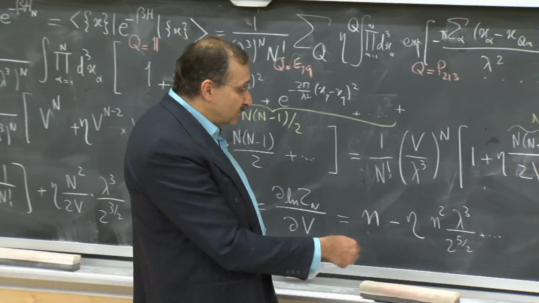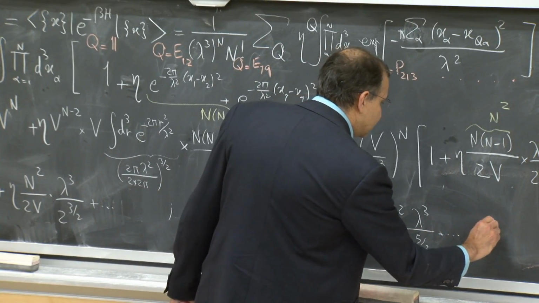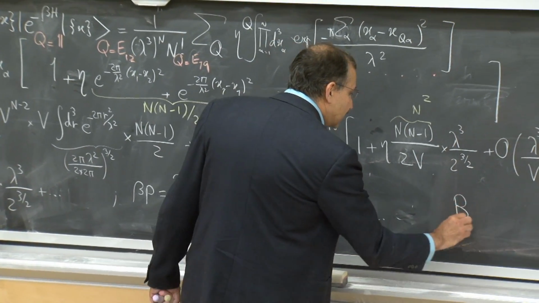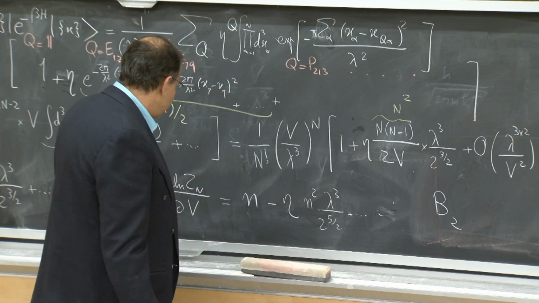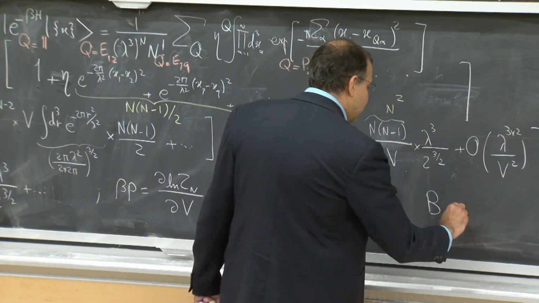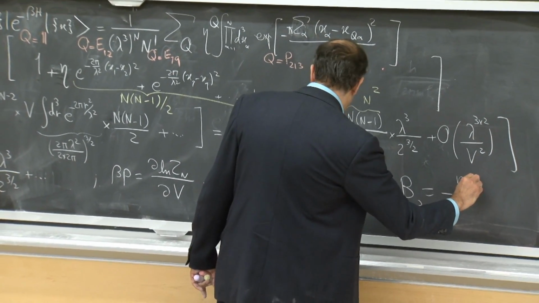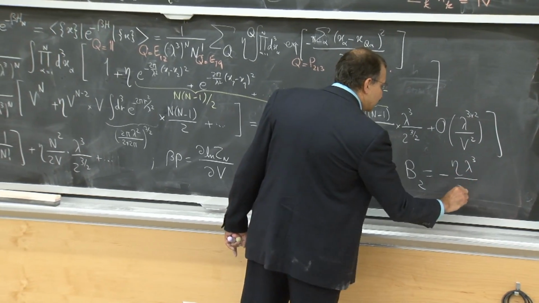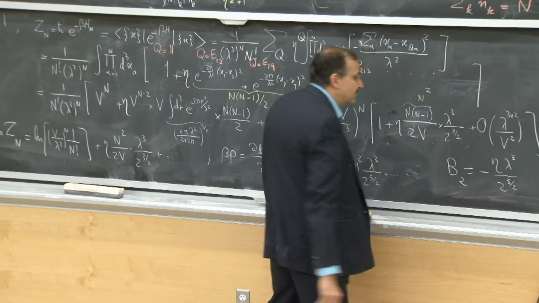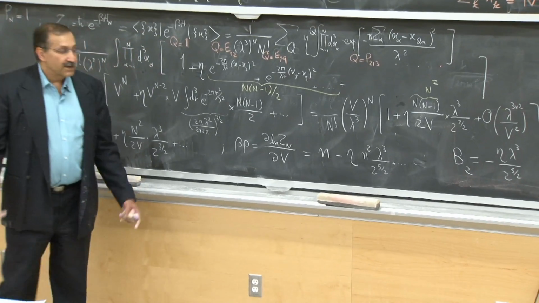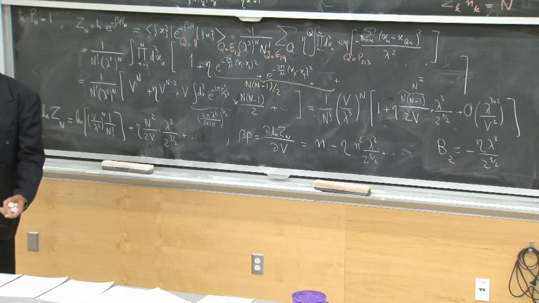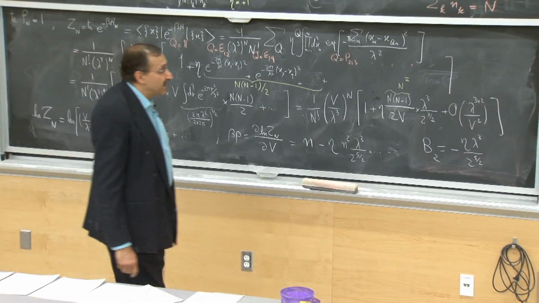You can see that the thing that determines this, which basically corresponds to a second virial coefficient, minus eta lambda cubed 2 to the 5 halves, is the volume of these wave packets.